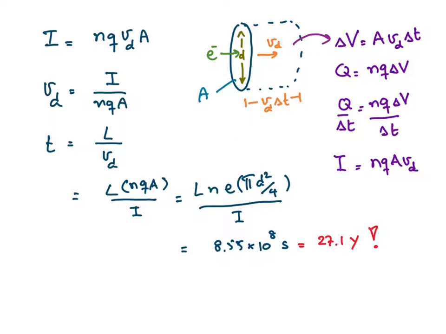If you send electric power from the power plant to the city, the distance can be like 100 kilometers, 200 kilometers or more. It takes an electron 27 years to move from the energy plant to the city. That is a very long time.